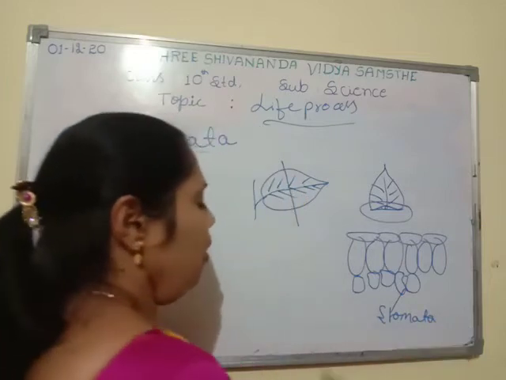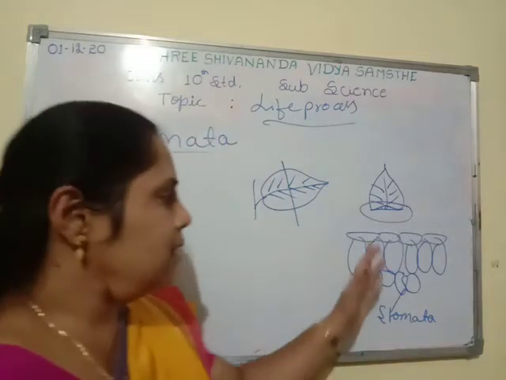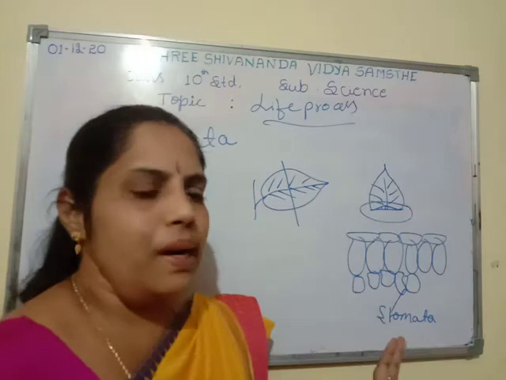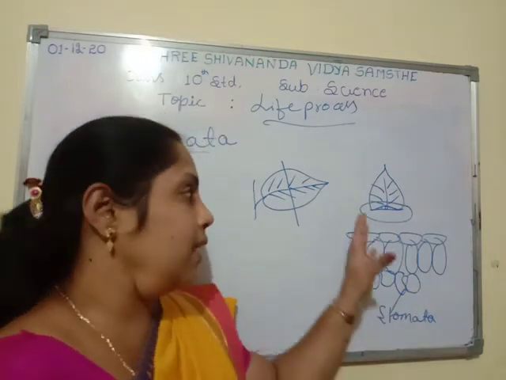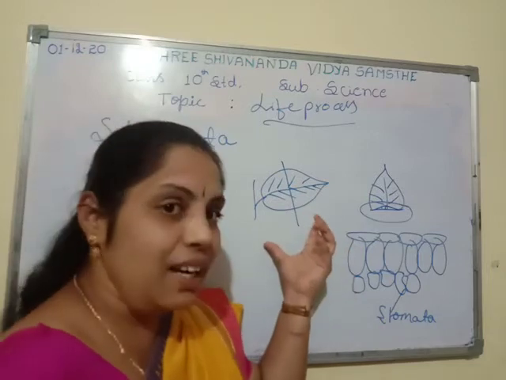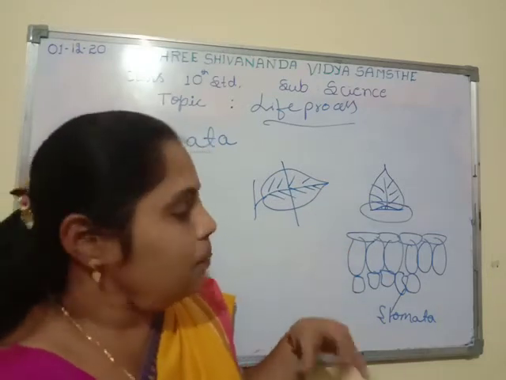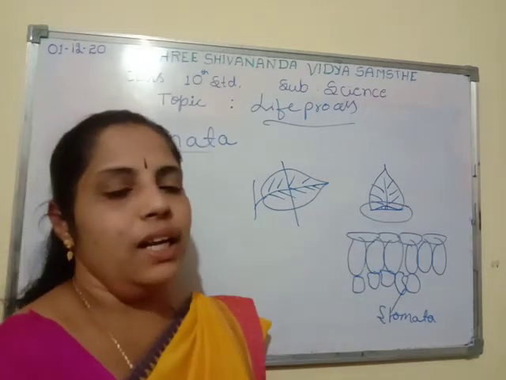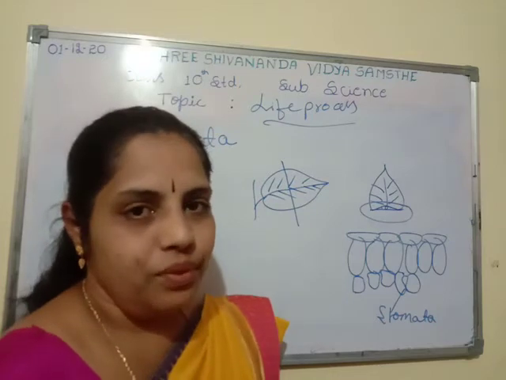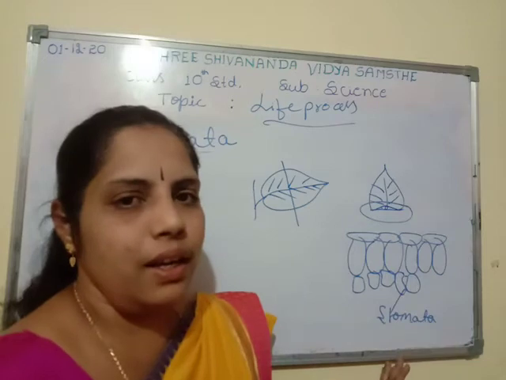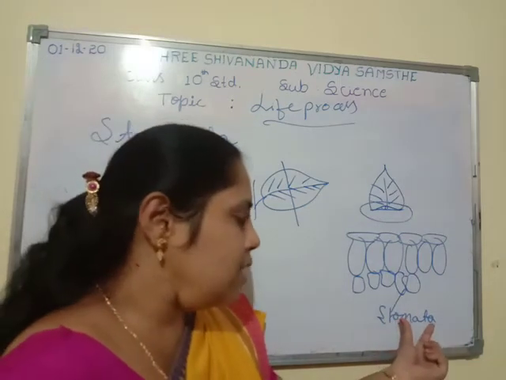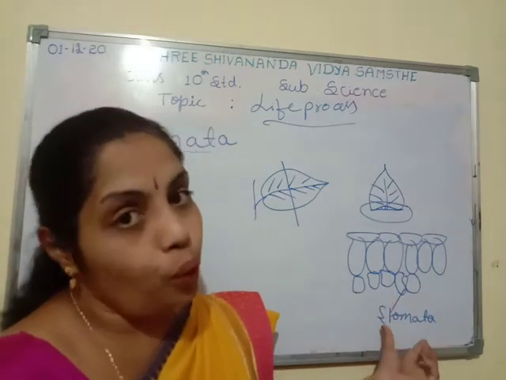There is not only one stoma, there are plenty of minute pores in leaves. They are present in each and every leaf of the plant. There are millions of stomata in a plant. The stomata is a minute pore.